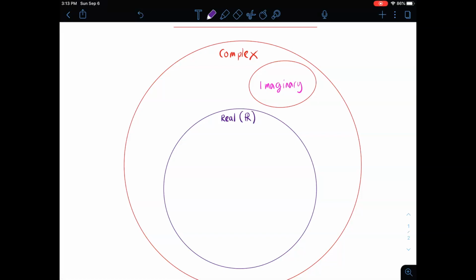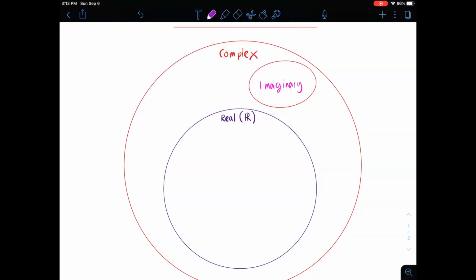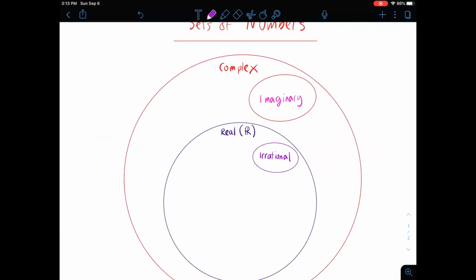And then what things make up real numbers? What are all numbers on the number line? Well, we have rational and irrational. I'm going to draw irrational kind of small because those are, and this doesn't represent that there's less numbers that are irrational. There's infinite numbers for all these for the most part. It's just that we need to fit more things inside of the circles here, okay?